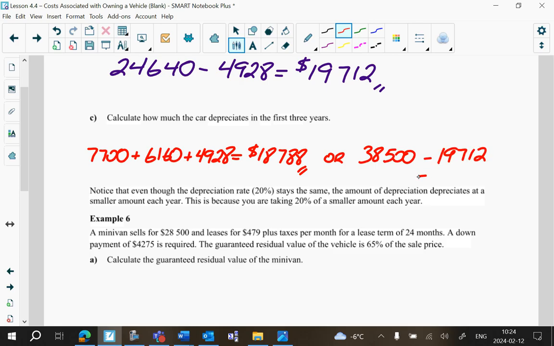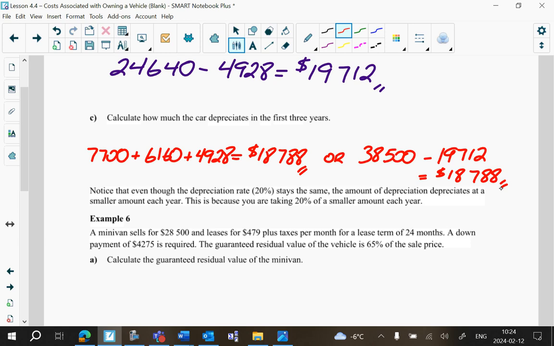Either way will get you the same answer. And like I mentioned before, the amount of depreciation goes down every year because you're taking 20% of a smaller value every year.